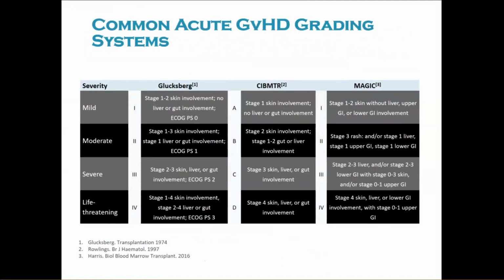So there are common acute GVHD grading systems like the Glucksberg grading and the EBMT grading. Recently, the Mount Sinai group published or introduced the MAGIC grading system.